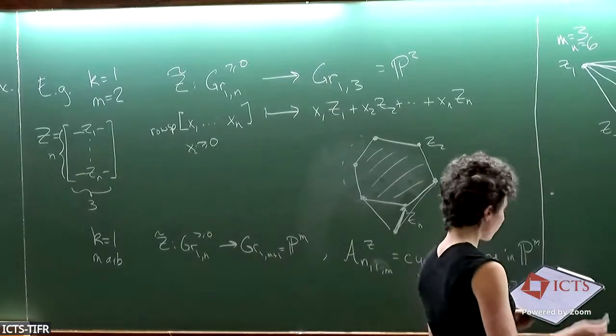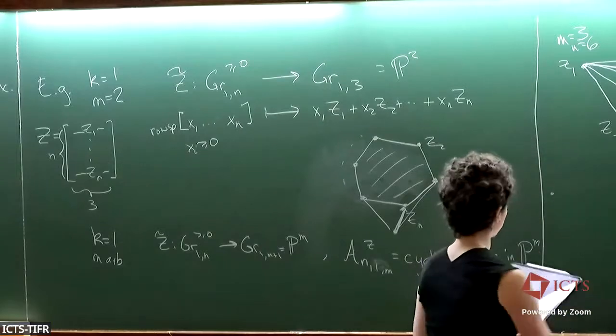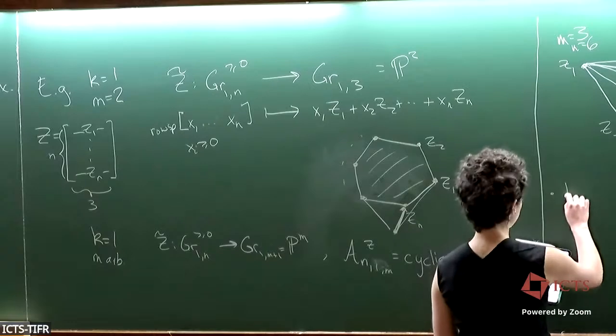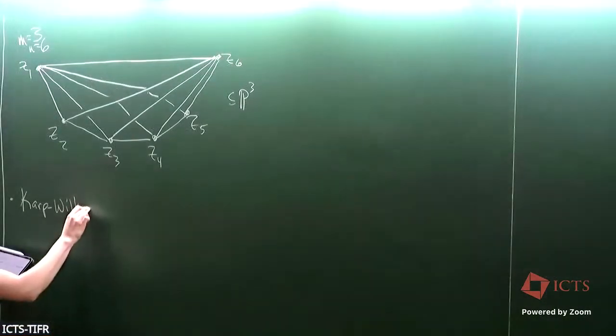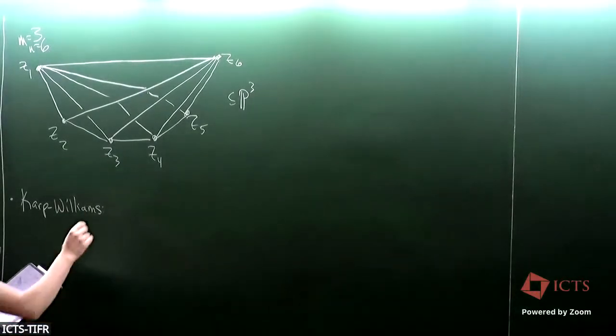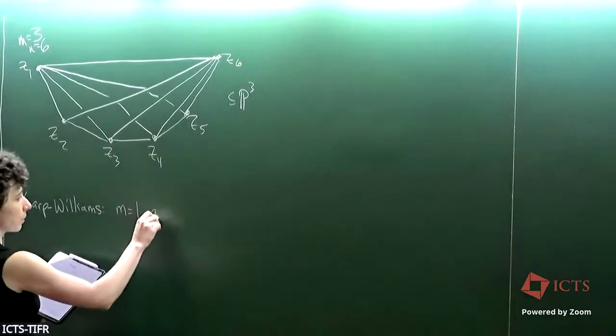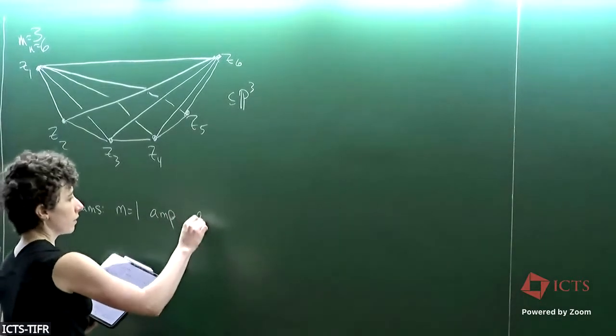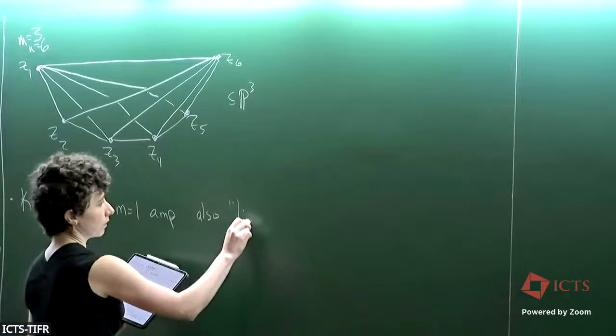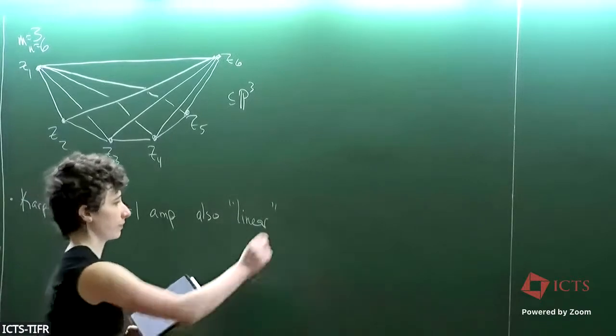Another situation where everything is linear and we have good combinatorial understanding is m equals 1. So this is Karp-Williams. I'm not really going to give detail, I'm just going to say the m equals 1 Amplituhedron is also linear.